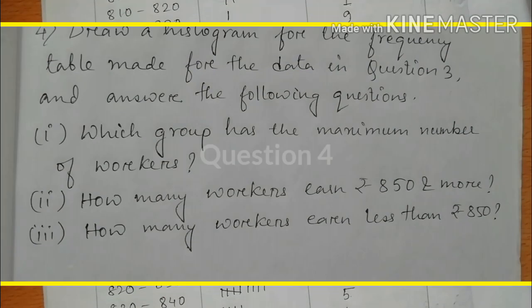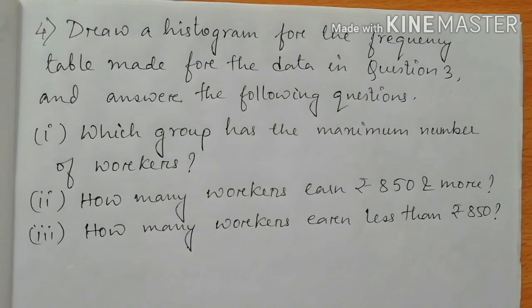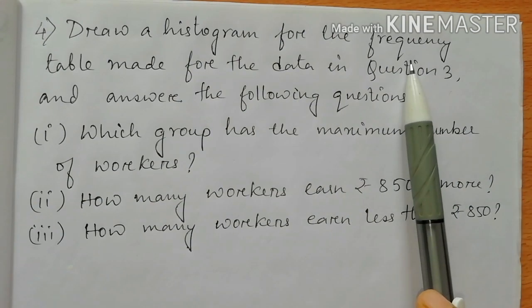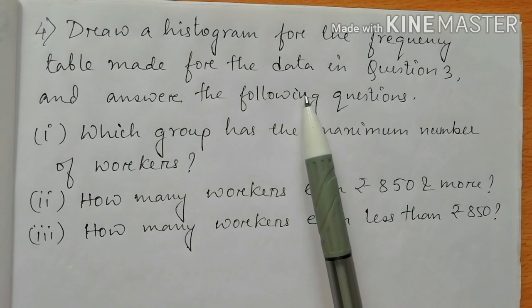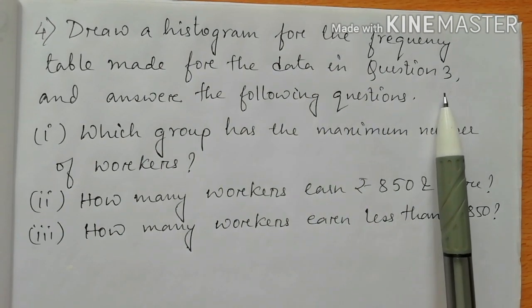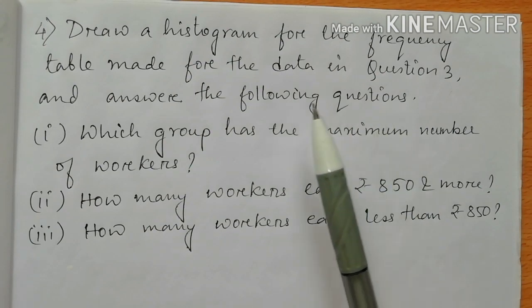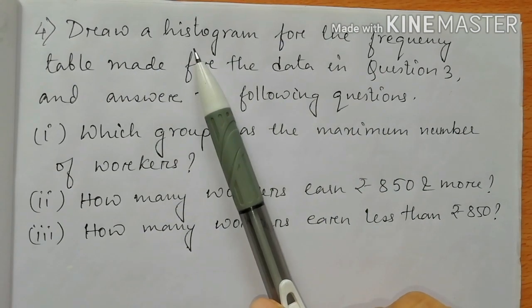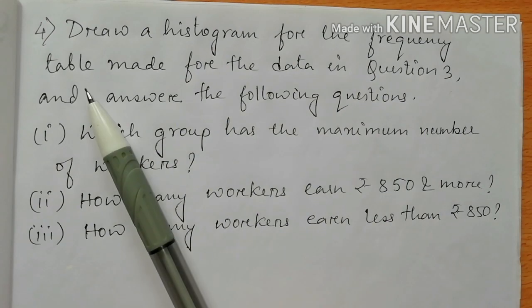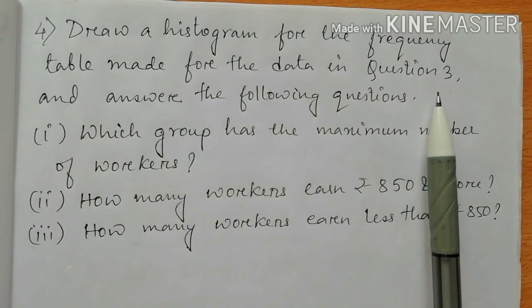Number 4. In this question, draw a histogram for the frequency table made for the data in question number 3 and answer the following questions. So we need to draw a histogram using the frequency table made for the data in question number 3.